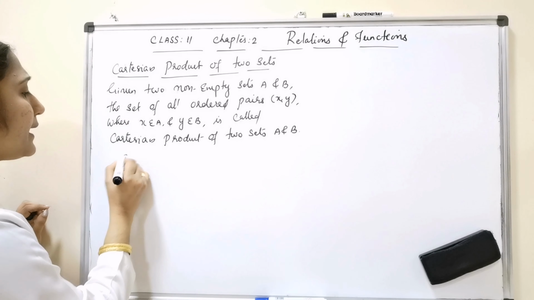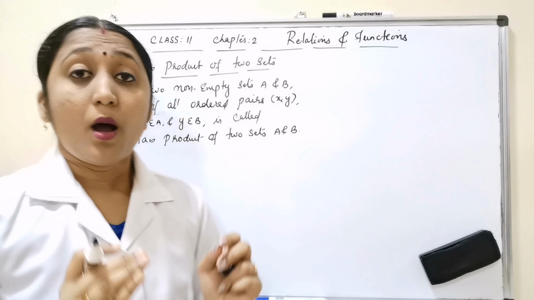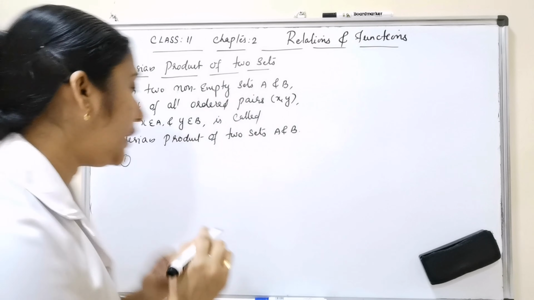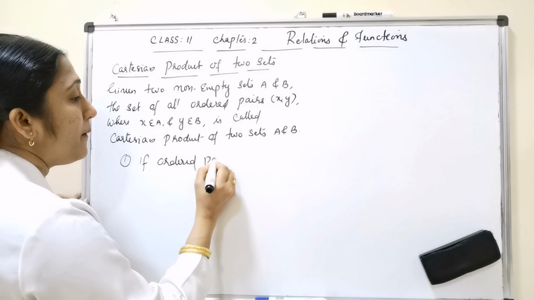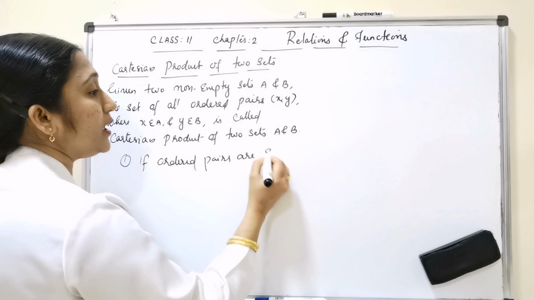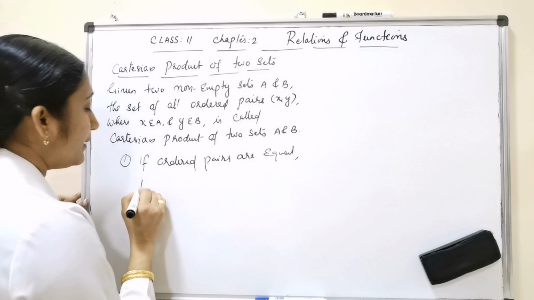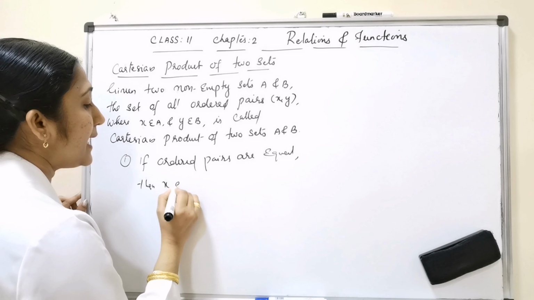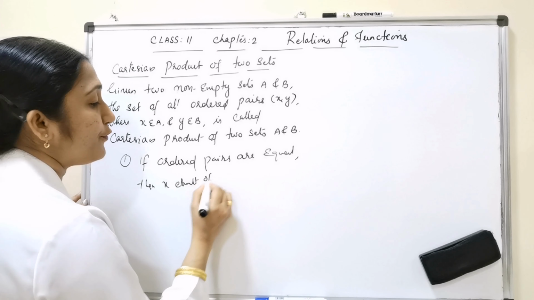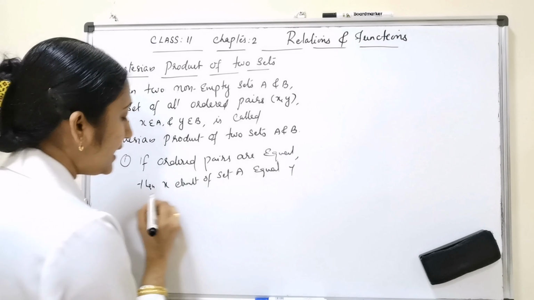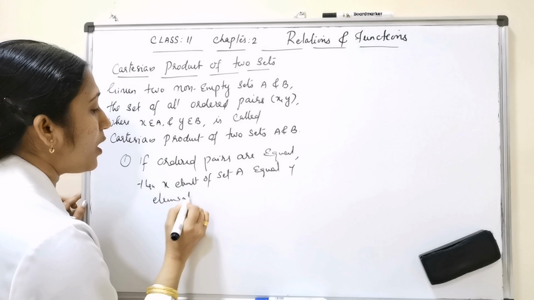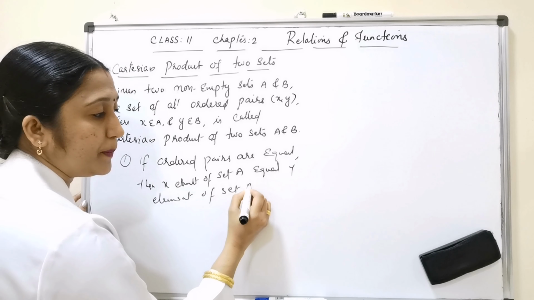In case the ordered pairs are equal, then that is X elements of set A equal to Y elements of set B.